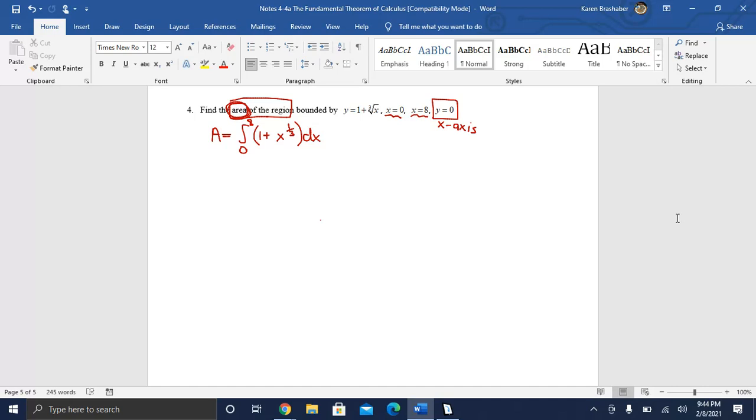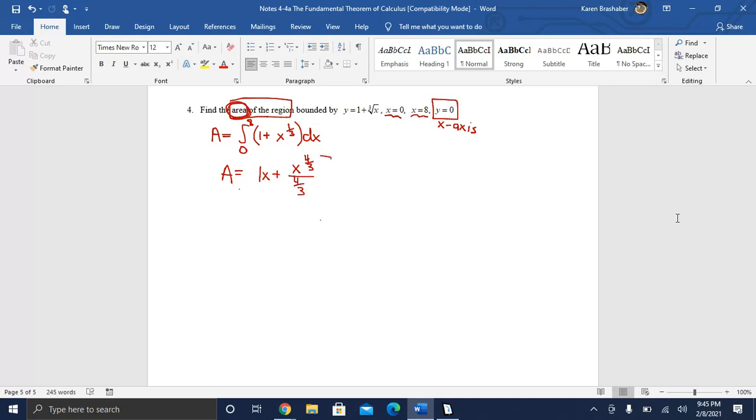So we've already taken care of the rewrite. We're ready actually to do the power rule. So that would be 1x plus, and then x, when we add 1 to 1/3, we get 4/3, and then it's divided by 4/3.